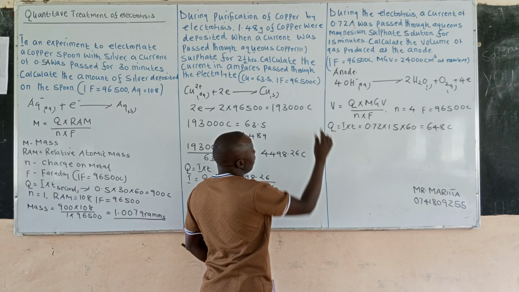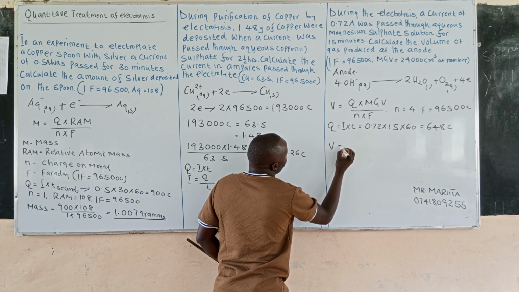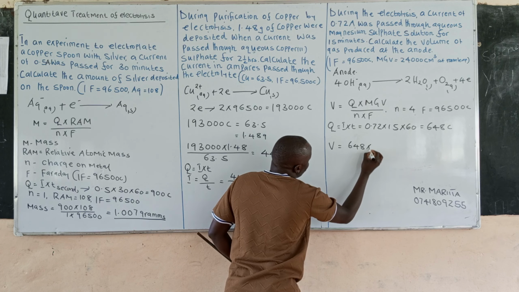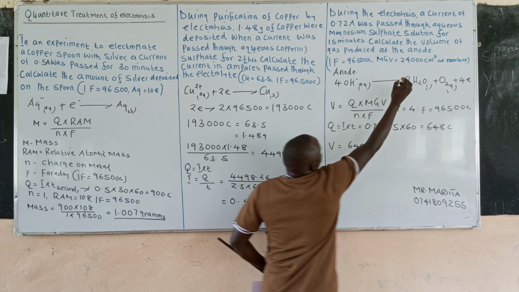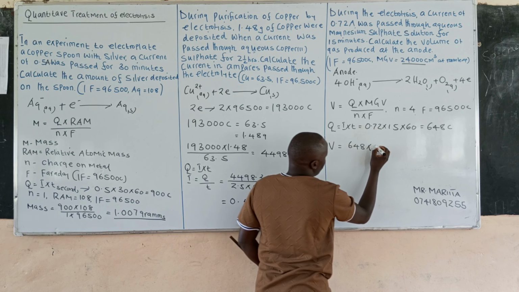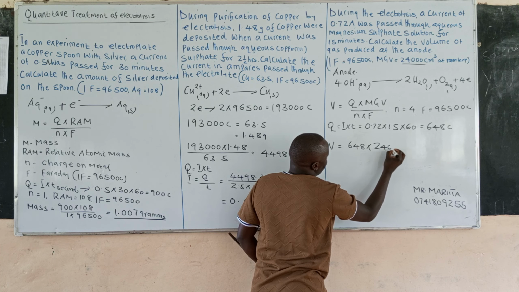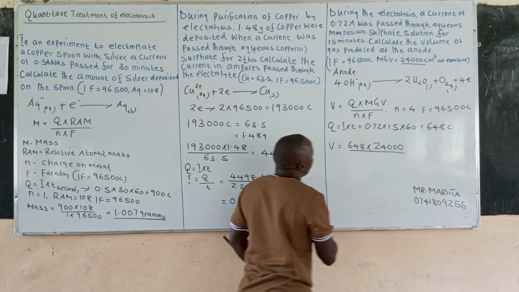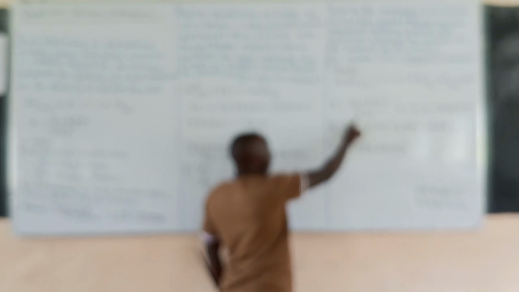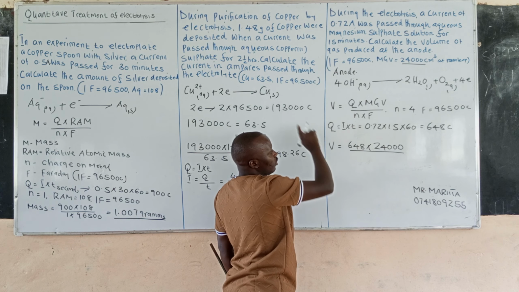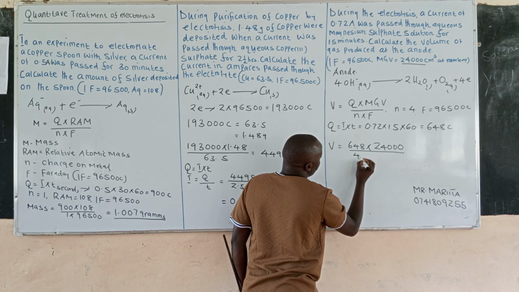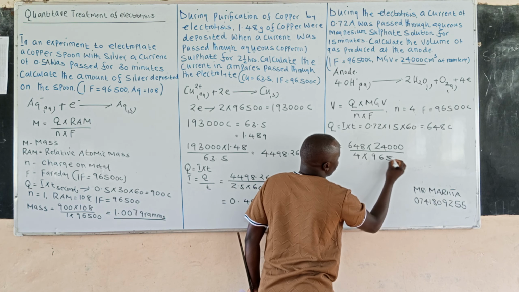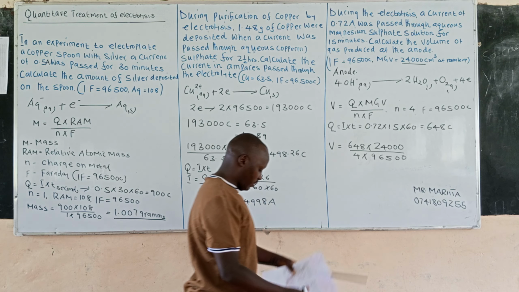So we can substitute into that formula. Our quantity is now 648 times the molar gas volume, which is given as 24,000. Then you divide by the number of electrons required, which is 4, times the Faraday constant, which is 96,500.